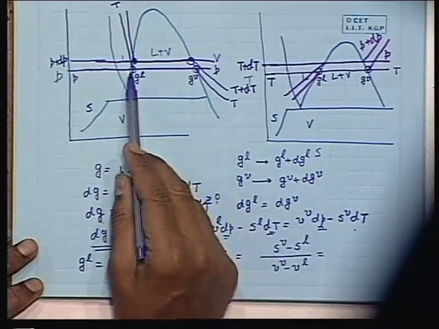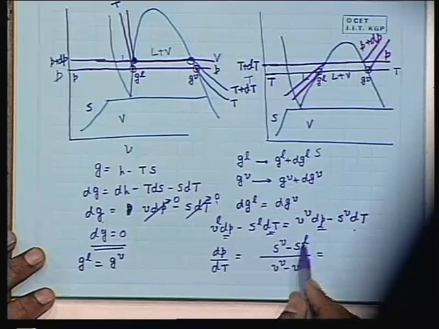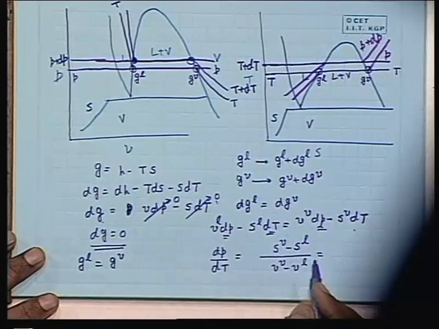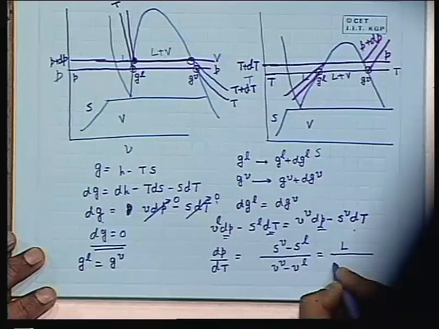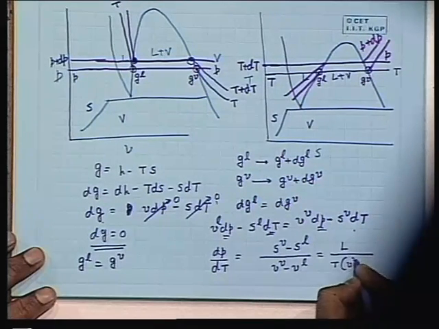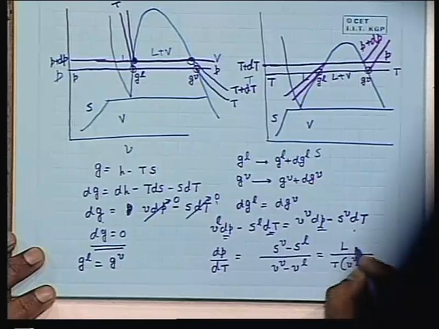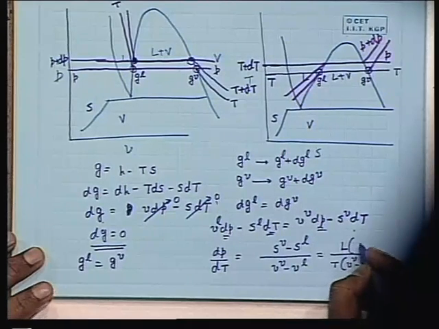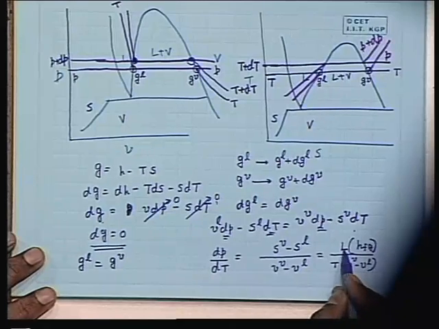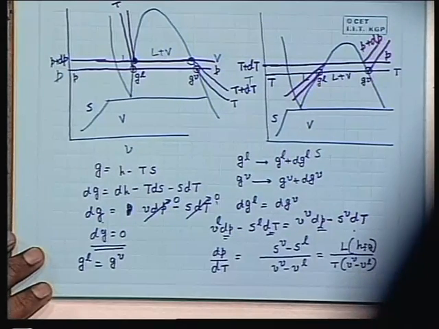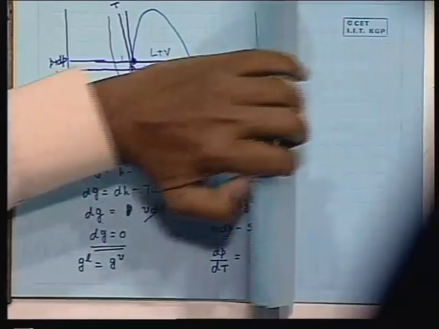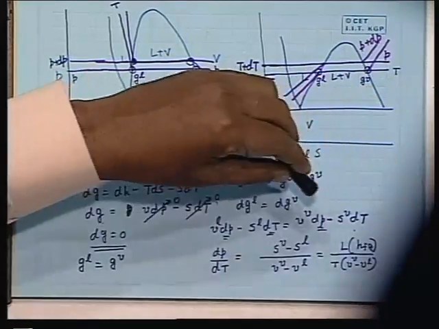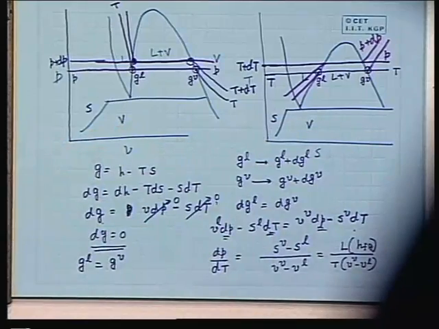That is the change in the specific entropy for change of phase, which can be written as the latent heat divided by the saturation temperature, into VV minus VL. Sometimes the latent heat may be written in terms of the enthalpy change hfg. Sometimes it is denoted neither by L nor by hfg, and this is one of the very important relations.